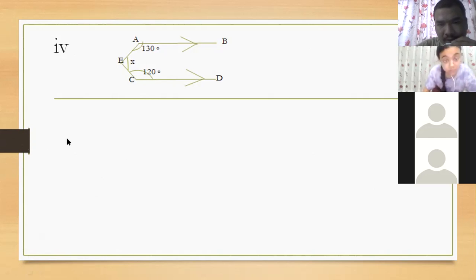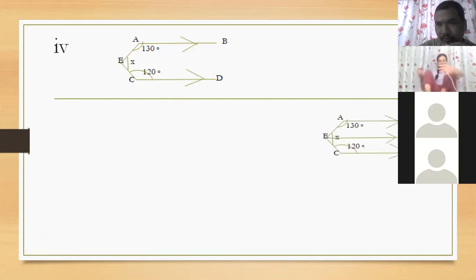You have learned other questions in lower classes also, but here in class 8 this is the important one. This is 130 degree and x. There is no relationship, but we can bring them in relation. For that we have to do some construction.